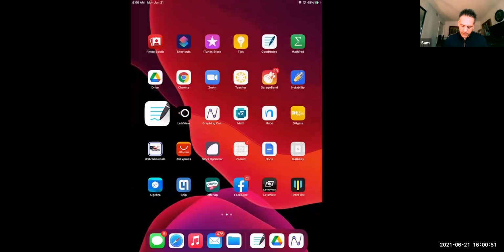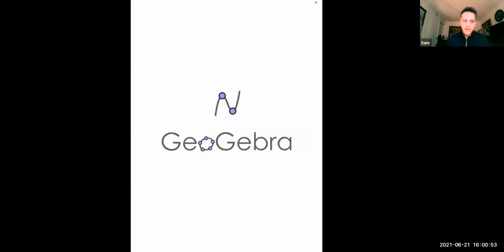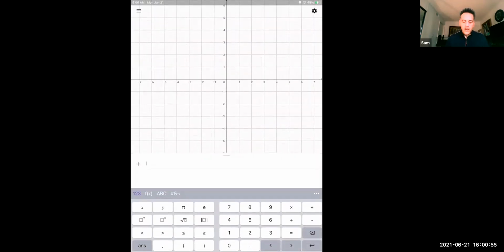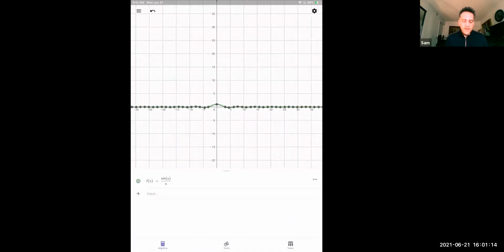I can do this on GeoGebra. I was playing around with GeoGebra last night. Let's look at a very interesting function. f of x equal to sine of x divided by x. So this is a graph of this function.